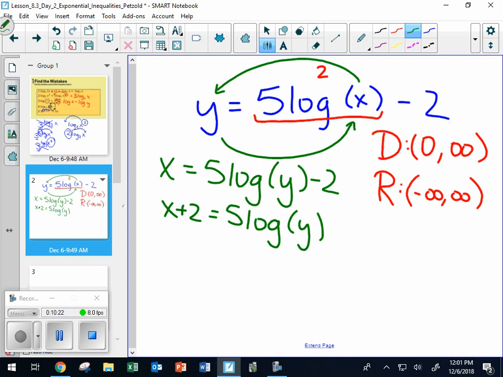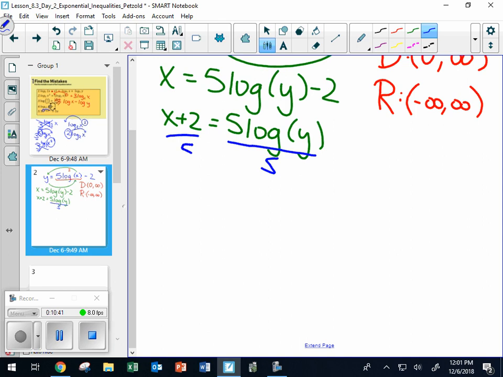And remember yesterday how I said we should probably aim for getting the logarithm by itself? So what should we do next? What do you think, Emma? Let's divide by 5. So we will have x plus 2 divided by 5 is equal to the log of 5.